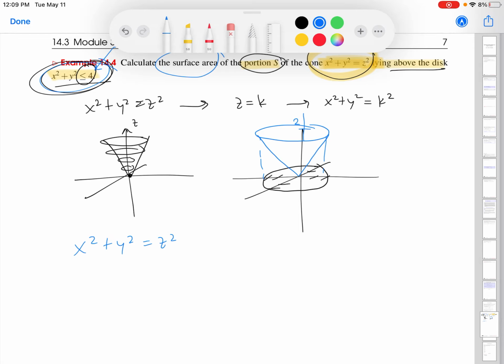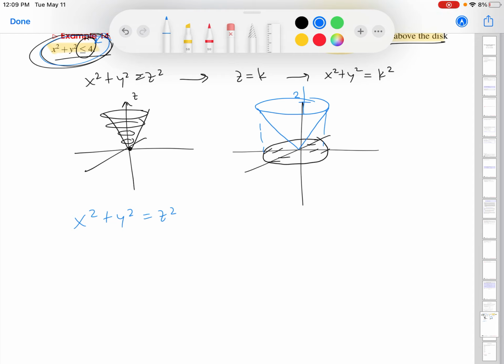And anytime you see any x squared plus y squared, sums of squares, you should probably think polar coordinates, right? That was the takeaway from doing double integrals in polar coordinates. So this is one thing that I can go back to. And in polar coordinates, x was r cosine of theta, and y was r sine of theta. I could stick with that same r, but just because we are dealing with u's and v's, I'm going to say that x is u cosine of v and y is u sine of v.